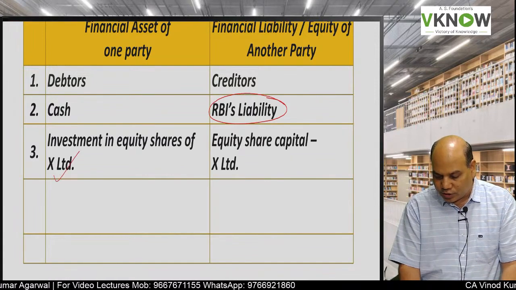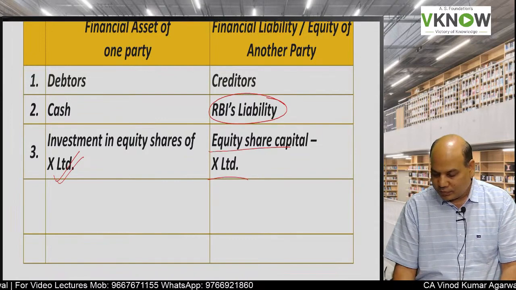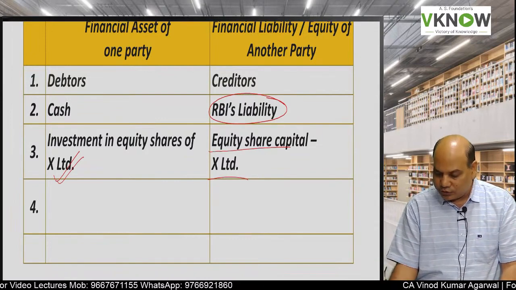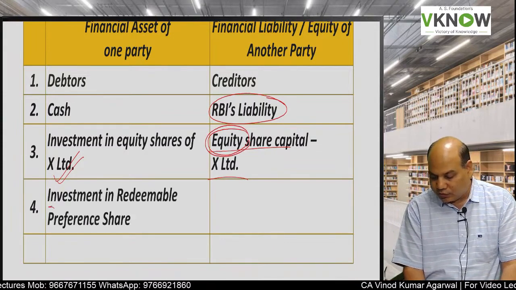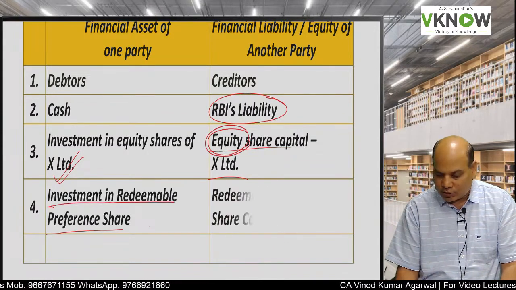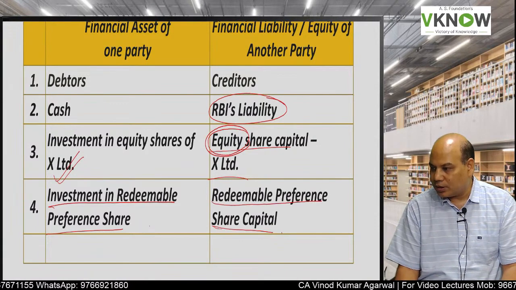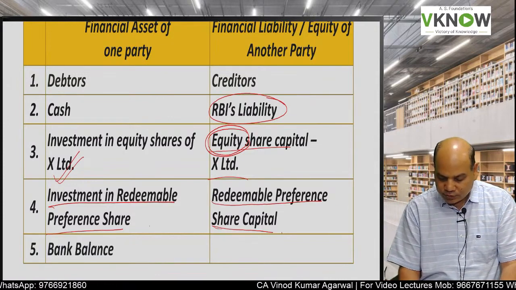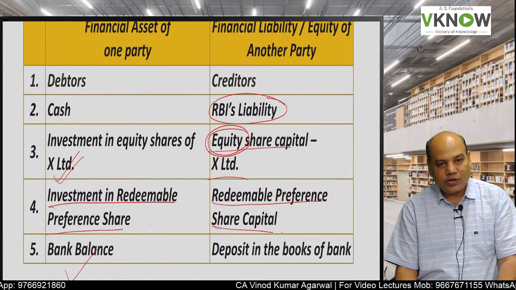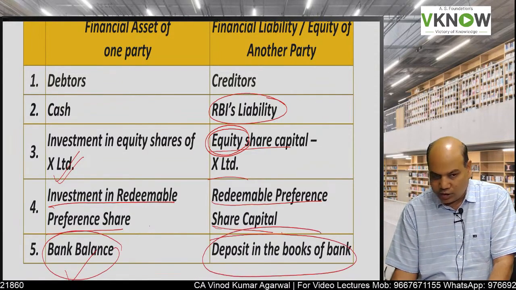Suppose one entity has invested, it is a financial asset. For the other entity, the one who has issued the equity share, it will form part of equity. Then investment in redeemable preference share is financial asset for one party. Issue of redeemable preference share capital is a financial liability or equity for the other party. Bank balance is financial asset in our book and it is a financial liability in the books of the bank.